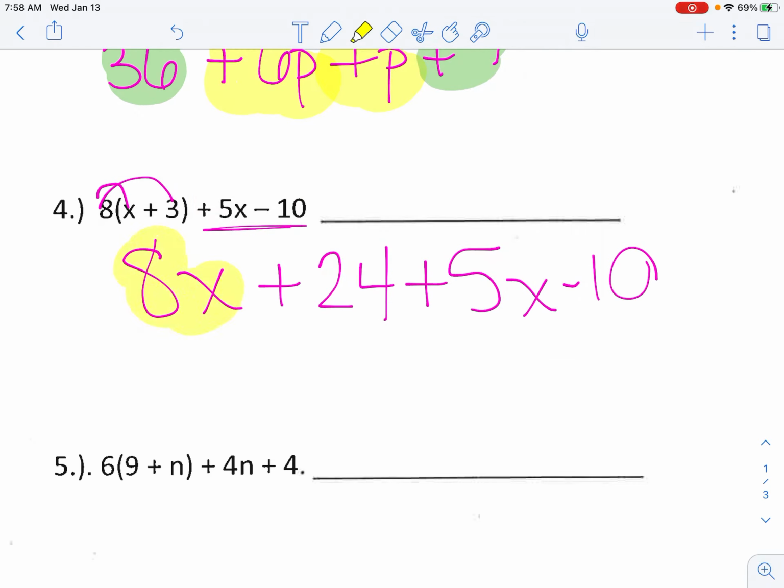We can combine 8x and 5x. We can also combine 24 minus 10. Now, we're not adding 24 plus 10. You have to look at the sign in front of the number. That minus 10 is a negative 10, so we're going to subtract 10 from 24 on this one. So 24 minus 10 is 14.